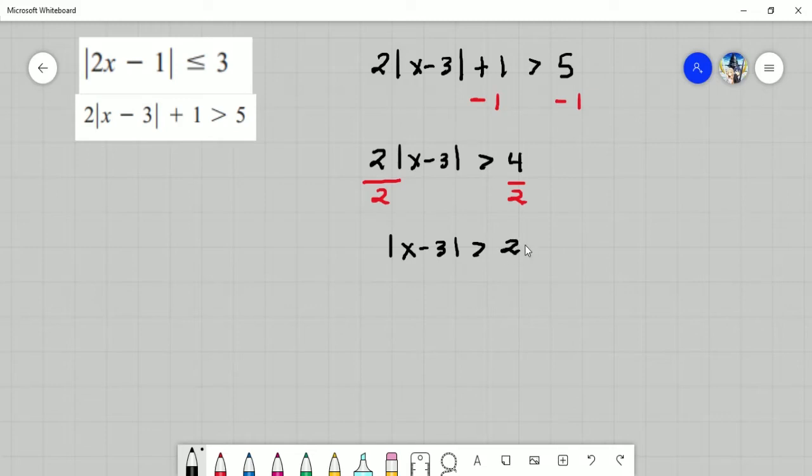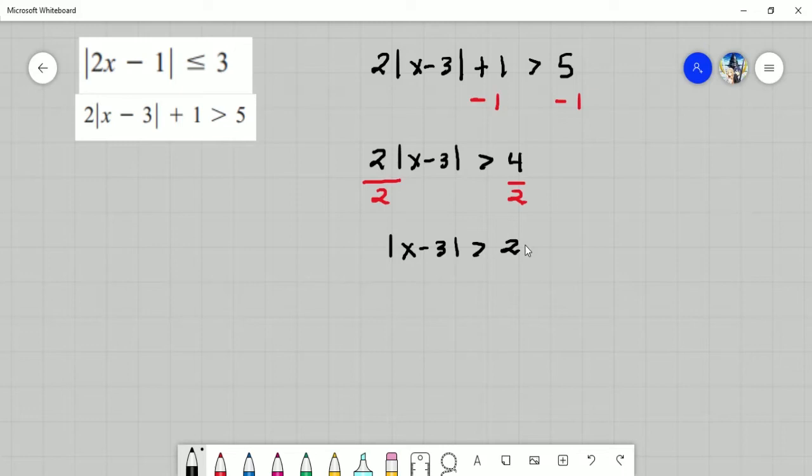Now with this one, this is a greater than inequality. The reason I pointed this out is because how we will write it as 2 separate inequalities will be different from how we did the other one, which was a less than type of inequality.